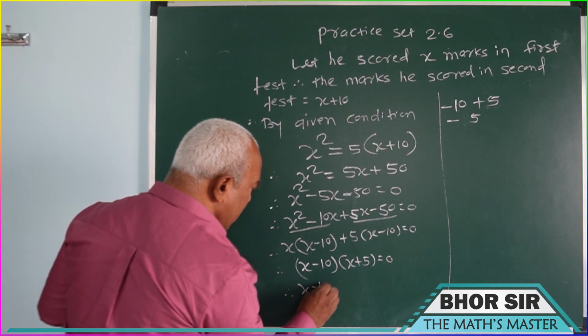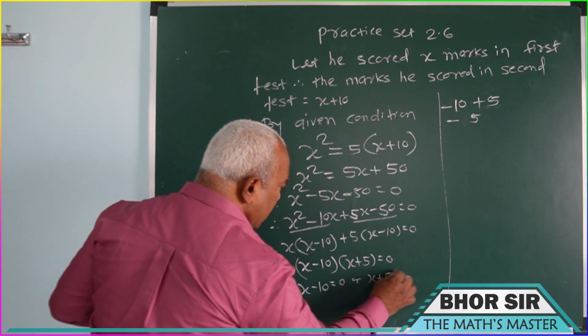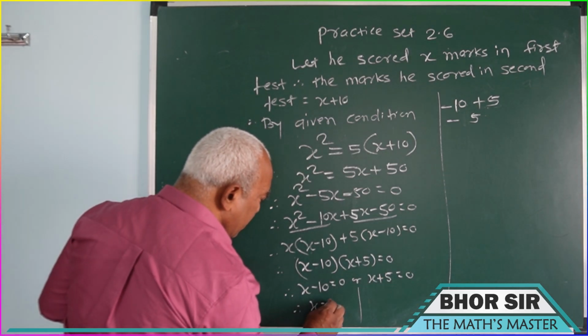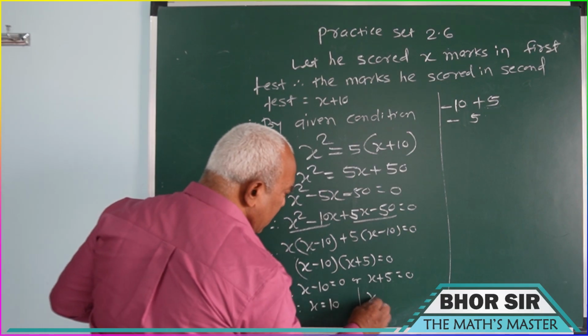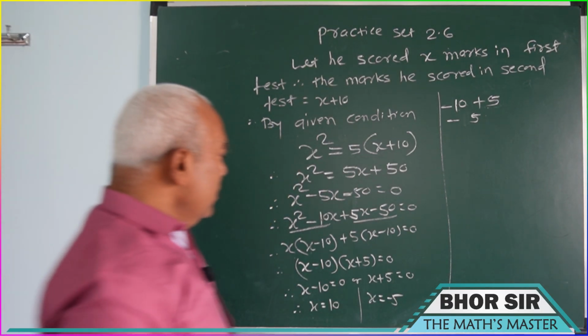Therefore, x minus 10 equals 0 or x plus 5 equals 0. So x equals 10 or x equals minus 5.